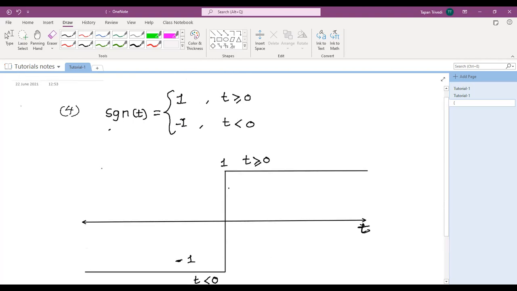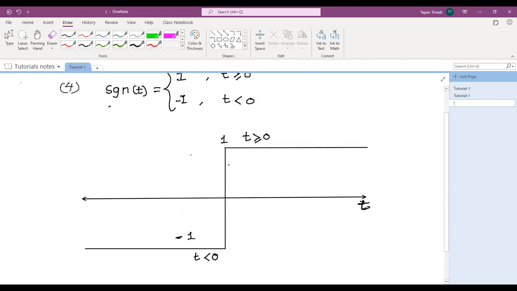So what does this function show? This function shows only the sign of time. Understood? It only shows sign with respect to time. If time is greater than or equal to 0, you will get 1. If time is less than 0, it is -1. Understood? Yes, sir.